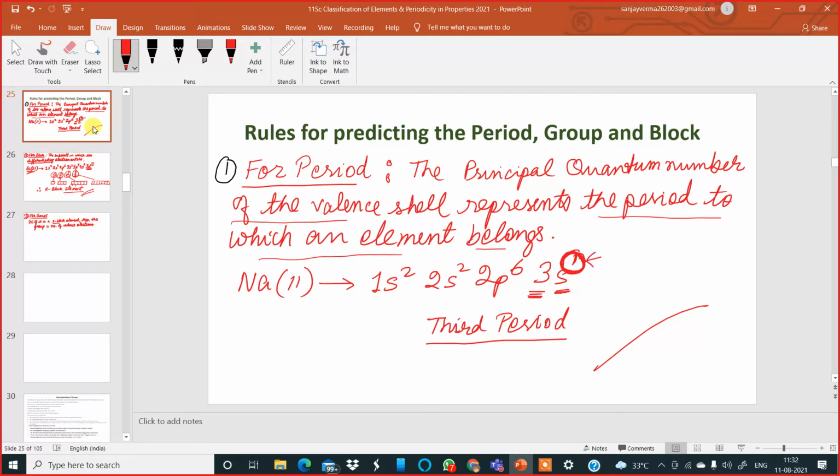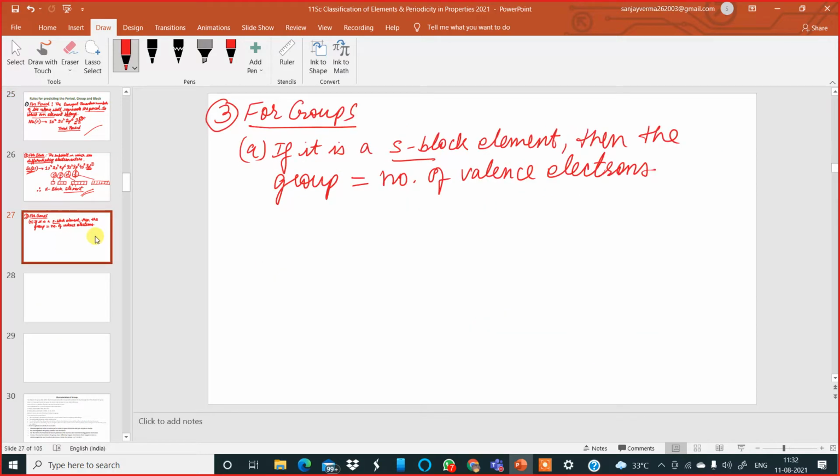Can you see over here? How many electrons are in the S subshell? One. So for an S block element, the group number is equal to the number of valence electrons.